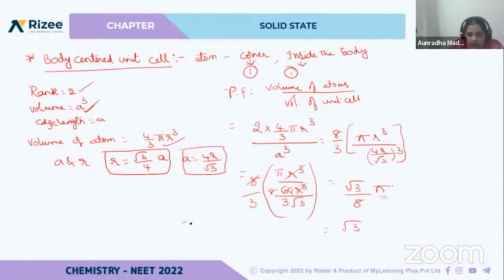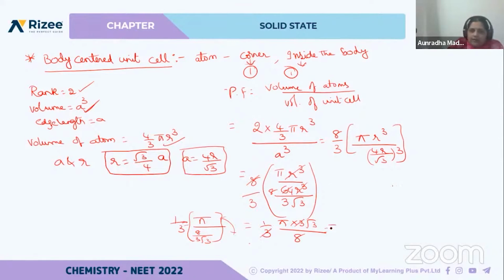I'm writing the next step also here: pi by, here 1/3 it comes, pi by 8/3√3. So 3√3 goes up here. So 1/3 pi into 3√3/8. This 3 will get cancelled. Then we will get root 3 by 8 pi.